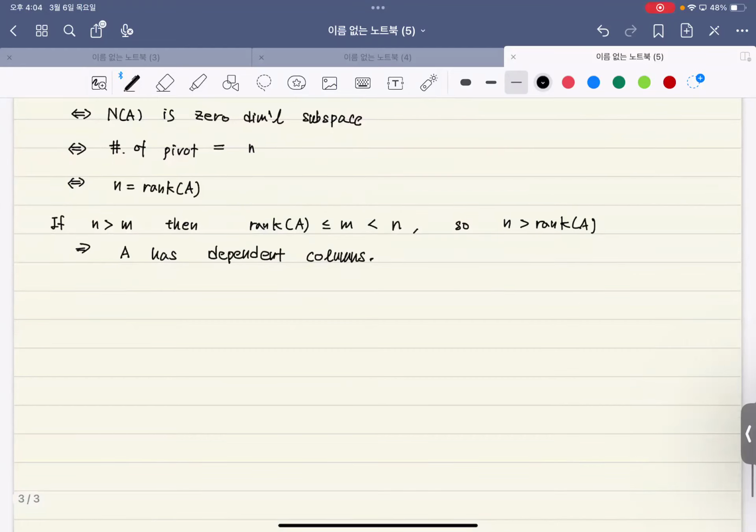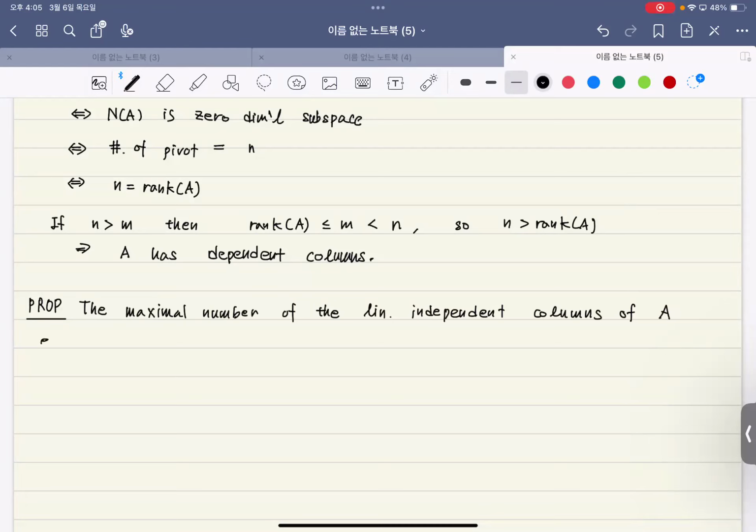And this proposition says the maximal number of linearly independent columns of A is the rank of A. So if you believe in this proposition, how many linearly independent column vectors can you get out of A?